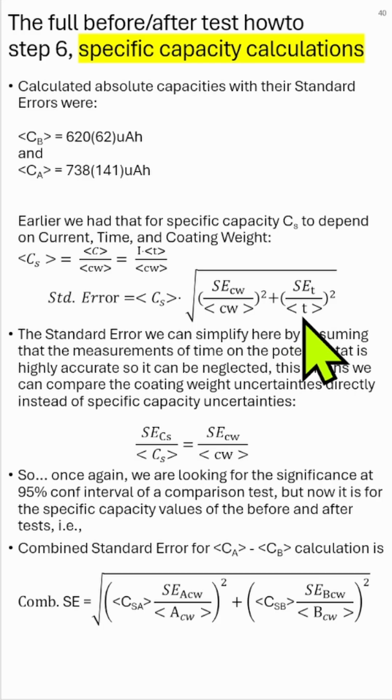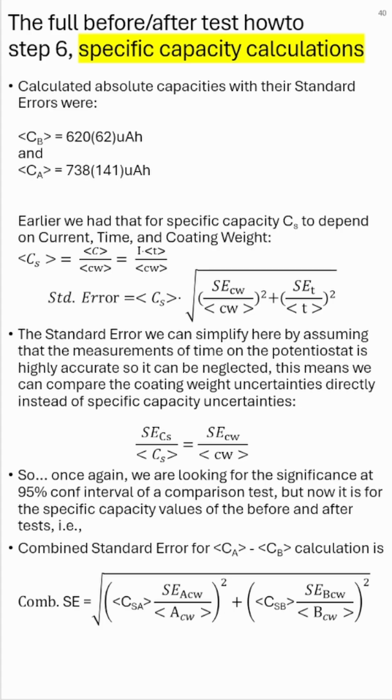We can approximate it to 0 under that square root sign. So that means we only have one term left to consider, which is the relative coating weight. Hence, we come to the conclusion that this relative error in measured specific capacity will be the same as the relative error in the coating weight, right?